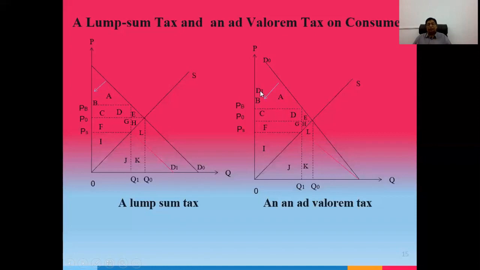Then the new equilibrium occurs at this point with price PS and quantity Q1.